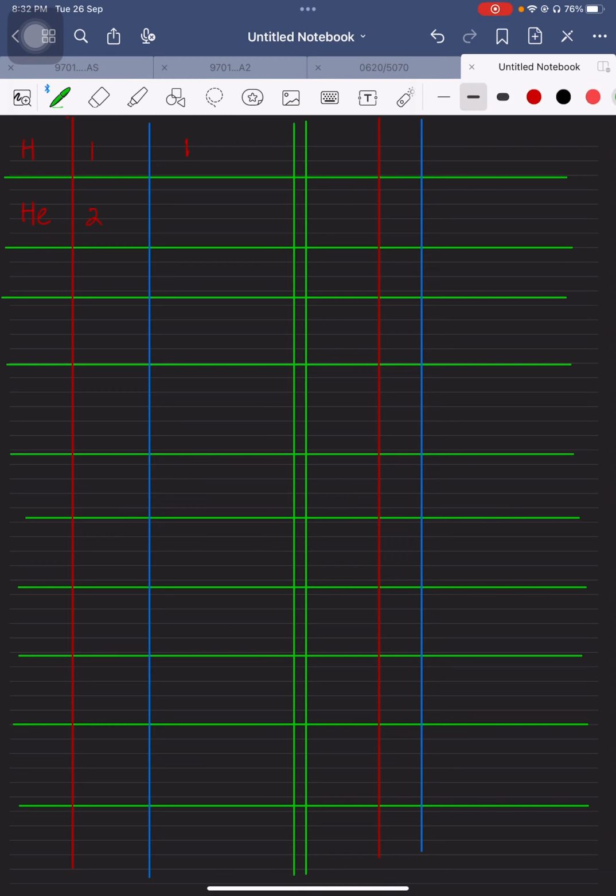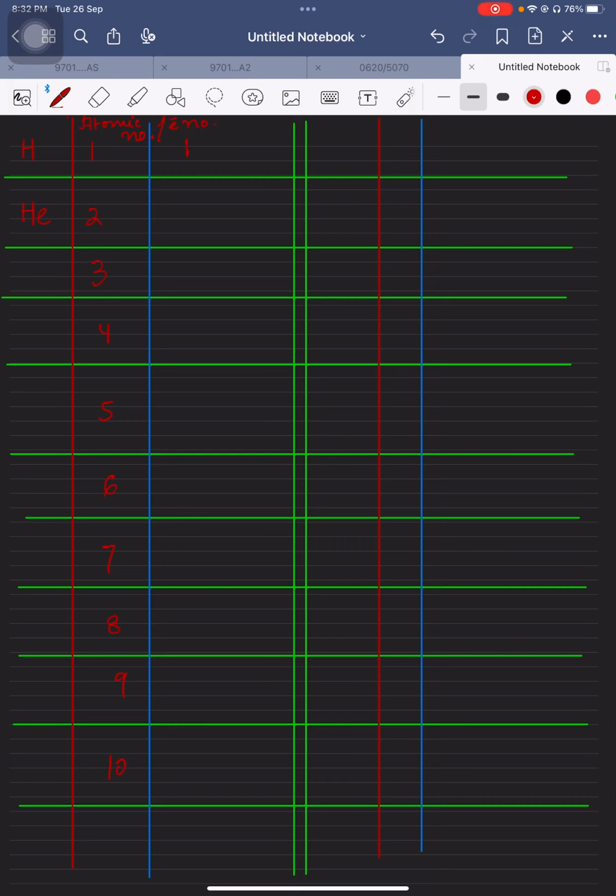So it is hydrogen 1, 2, 3, 4, 5, 6, 7, 8, 9, 10. Okay, so this is the atomic number here. Atomic number, or you may consider it electron number.